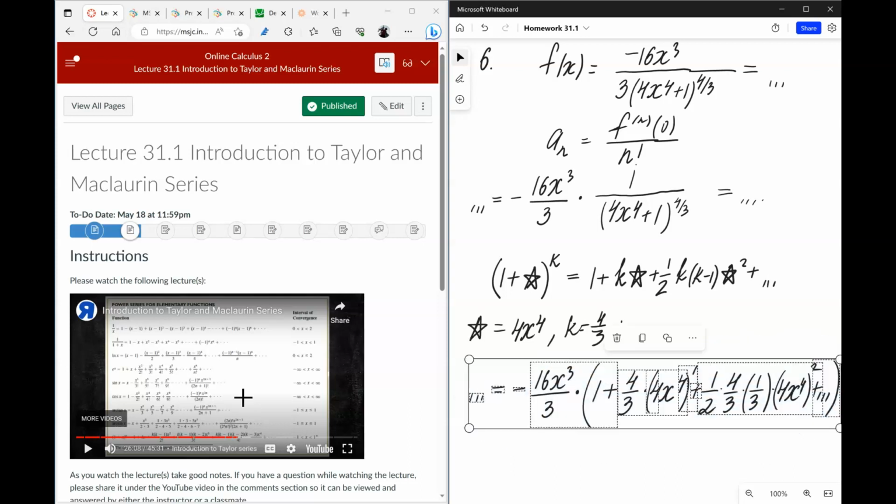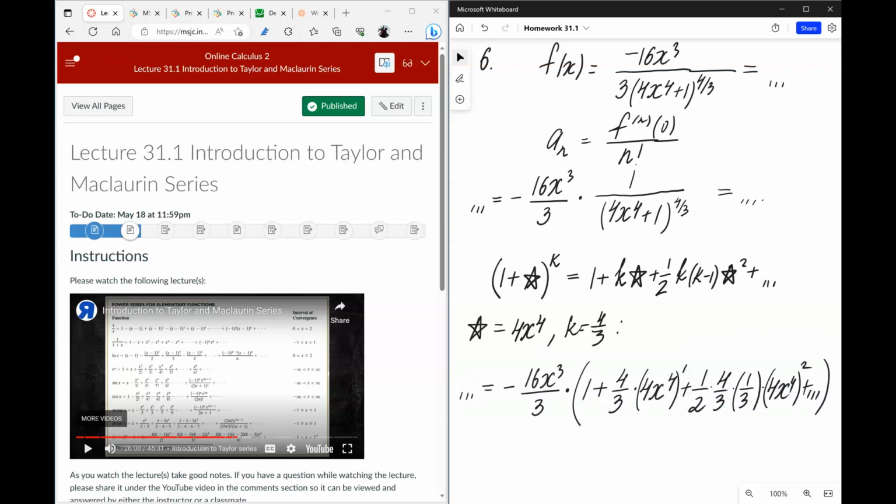Here I'm just going to make some space to put the equal sign, and continuing, we're going to distribute this term over.